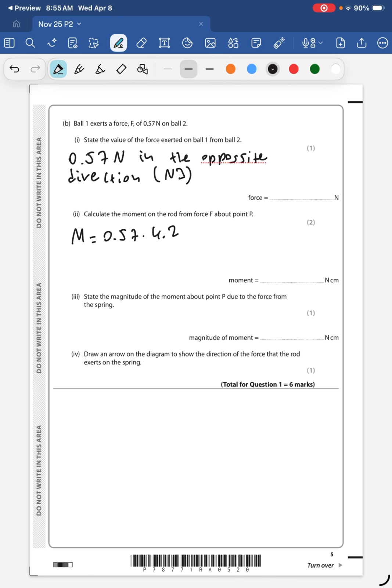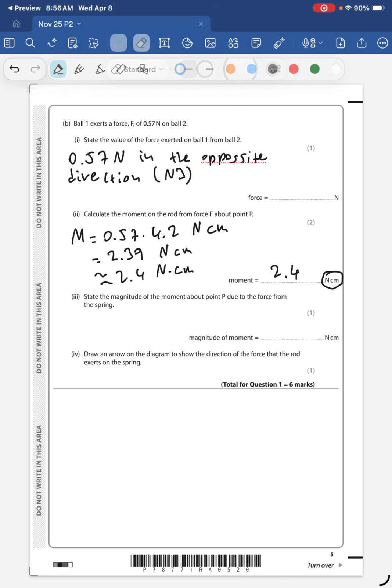I didn't convert to meters because you see that they want the answer in newton centimeters. The evaluation is 2.39 newton centimeters, which is about 2.4 newton centimeters, which you can write here. Okay. Part 3 now.